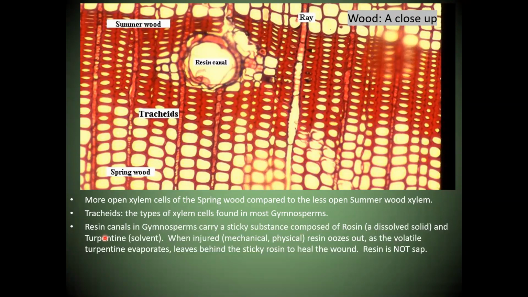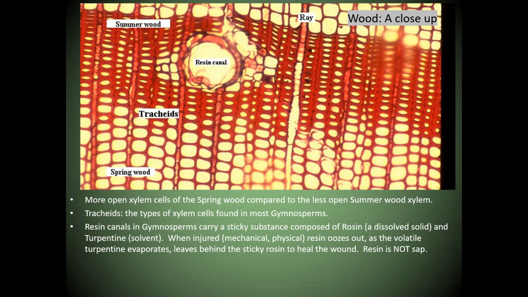The reason is that the job of the xylem is to transport water and minerals. If you have living tissues in the tracheids, that will resist water movement. So it's extremely important for the tracheids to be dead tissue, so that it will not impede the movement of water and minerals.